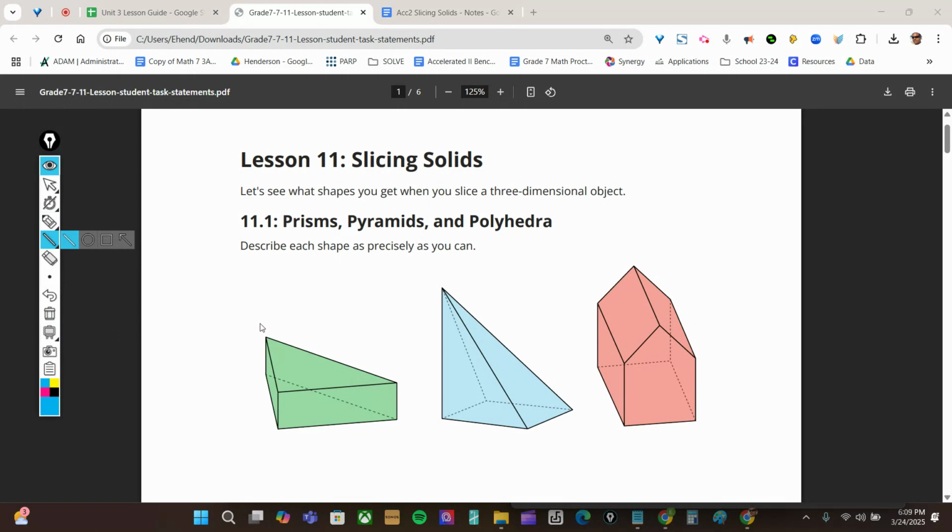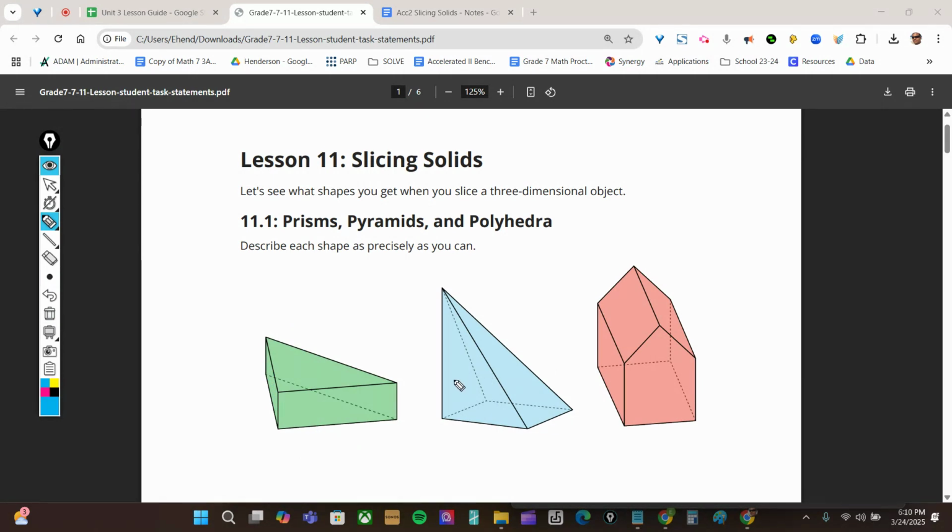Then if you cut this vertically up and down, or cut a piece of this, you would have a rectangle shaped piece like this, if you cut it down here and cut it down this way.